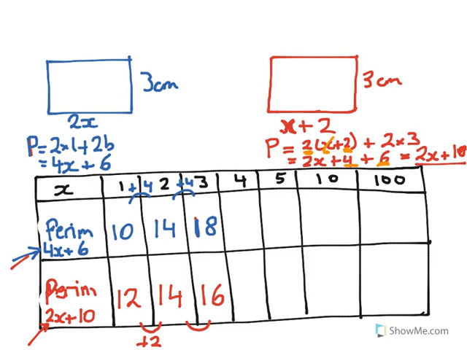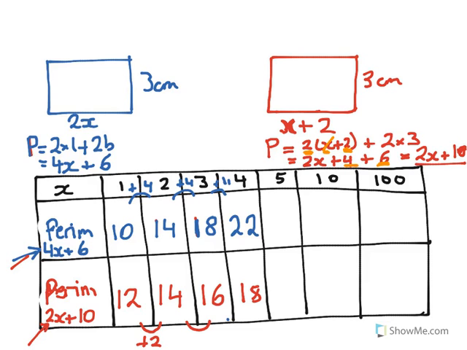When x equals 4, 4 times 4 is 16. 16 plus 6, 22. The red rectangle has a perimeter of 2x plus 10, and x equals 4. 2 times 4 is 8. 8 plus 10, 18. So we can see that the pattern that we identified is true.